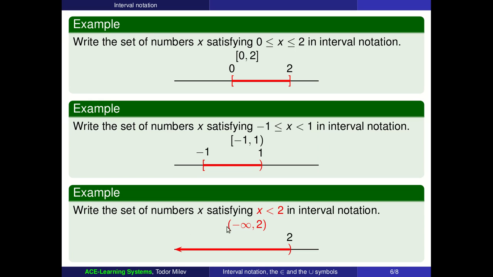So we start at -infinity, always an open parenthesis near the -infinity, and we go from -infinity all the way to the number 2. The number 2 is excluded because we have a strict inequality, so we need to use an open parenthesis for the number 2. So our final answer is the interval from -infinity to 2, open parentheses on both ends.